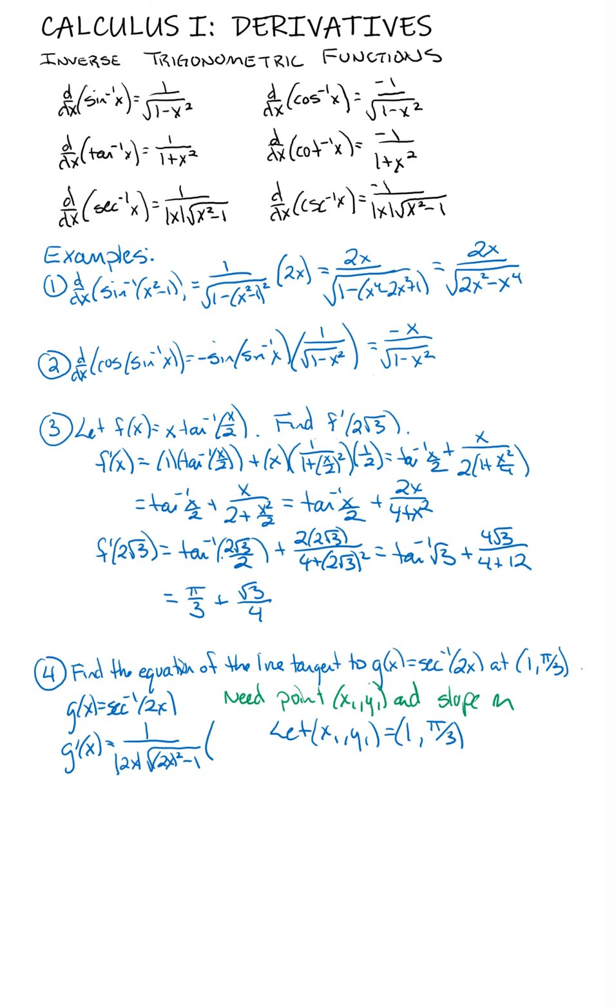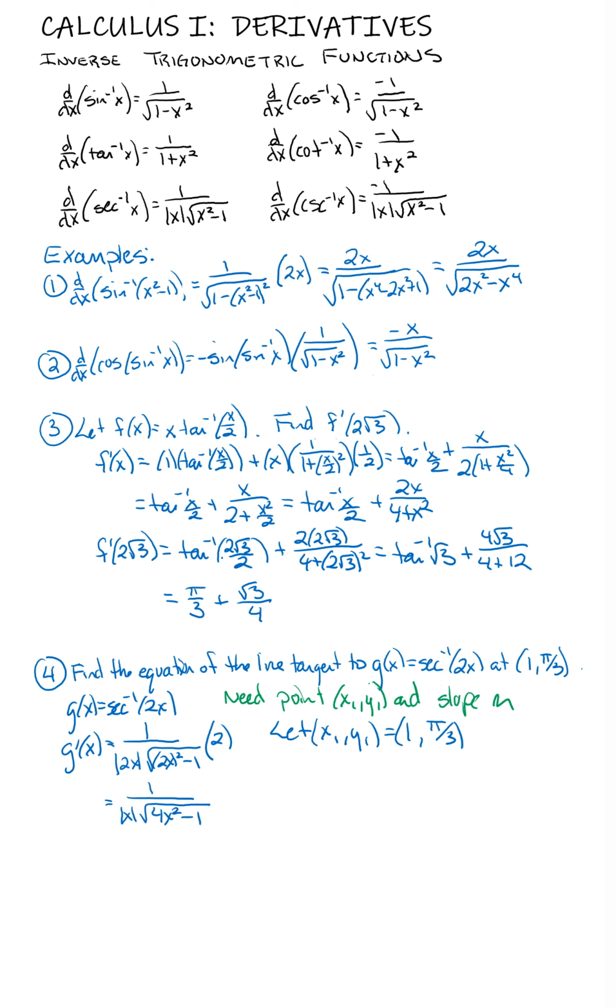This is the chain rule, which gives us a 2 out here. Now we can reduce. That 2 is in the absolute value, but of course the absolute value of 2 is 2. I can reduce that with the 2 out here. And then we'll also simplify that 2x squared in the denominator.